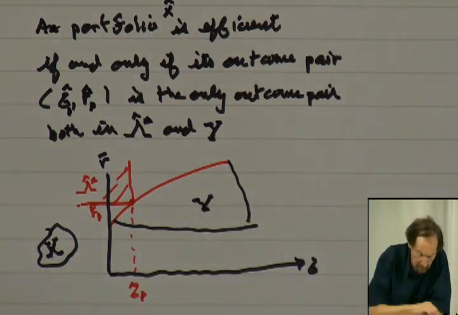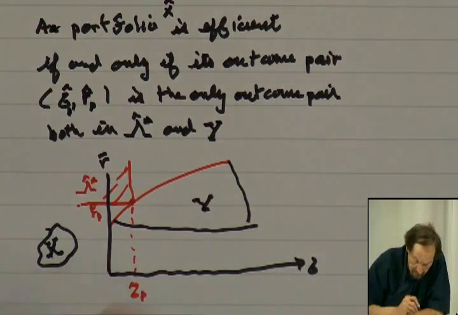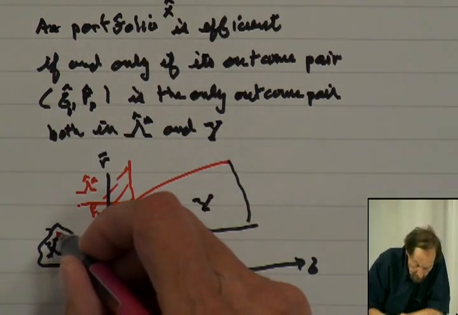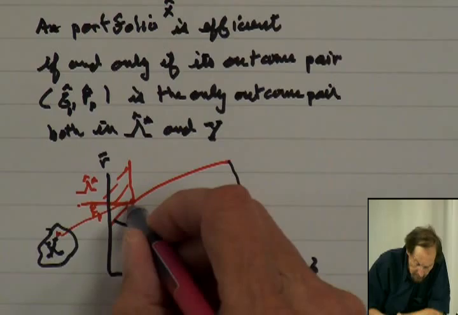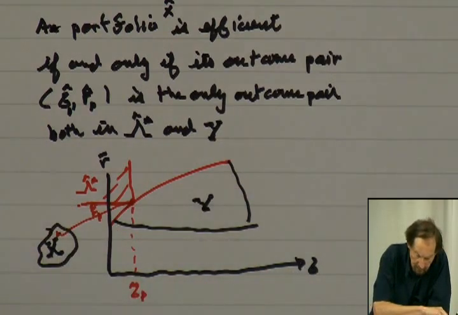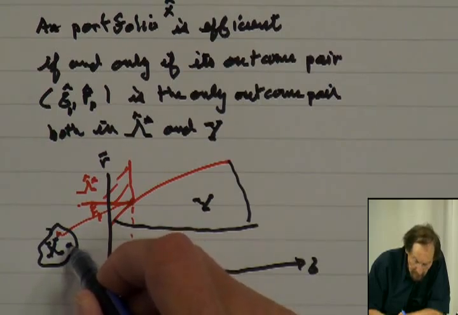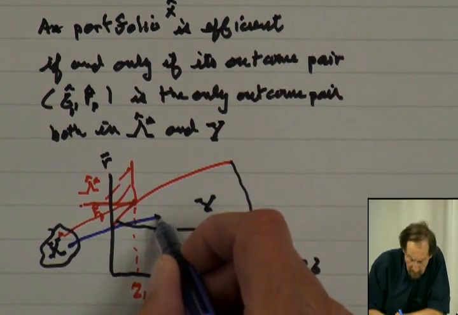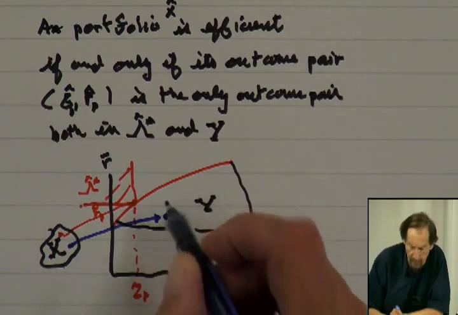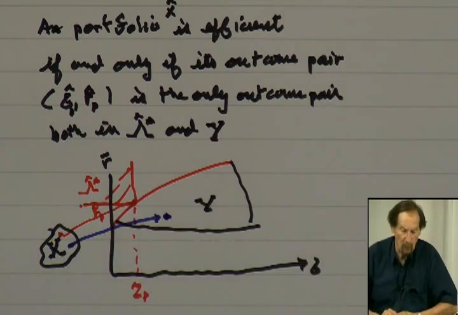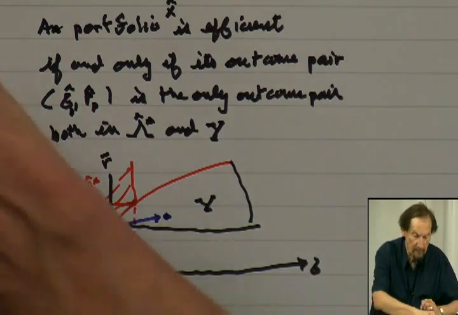Let's say this guy went from here to here. Now let's take another point here, and suppose it goes to here. Now look at this point. That point's in Y, but what happens?